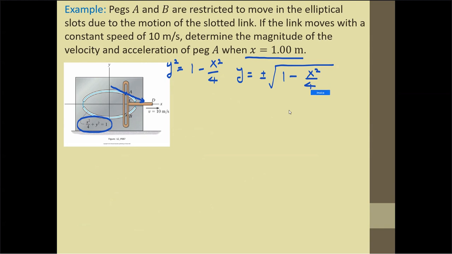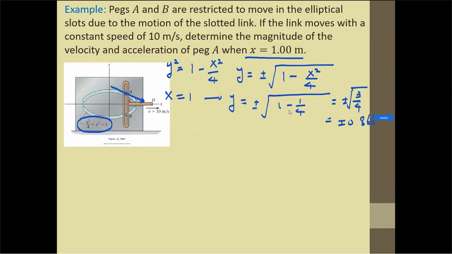Okay, then when x equals 1, we solve for y. y equals plus or minus the square root of 1 minus 1 squared over 4. 1 minus a quarter is 3/4, so plus or minus the square root of 3 over 4. Then in decimal, that is plus or minus 0.866.